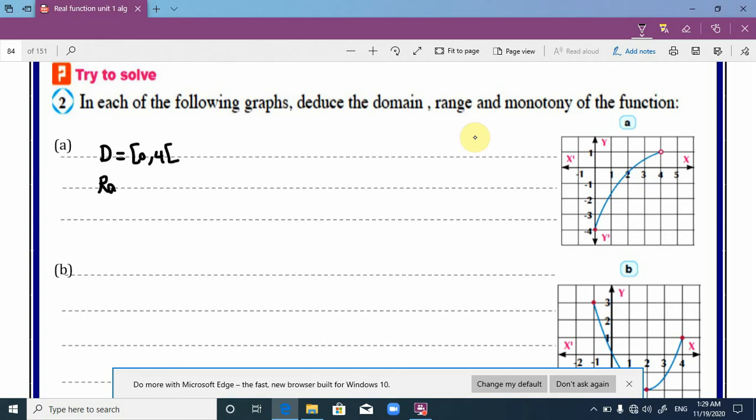And the range, from the y-axis, from negative 4 to 1, the least value of y to the greatest value of y: negative 4 closed to 1 open. Now the monotony: from 0 to 4, the function is increasing. So I write: from 0 to 4, f is increasing. Increasing function.